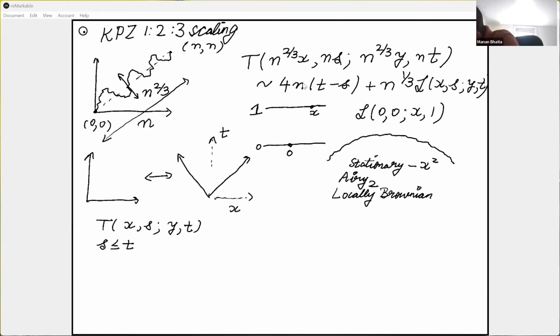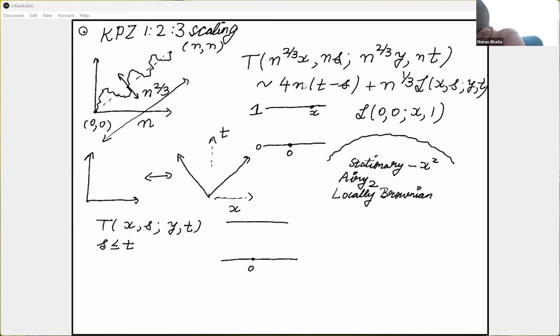So this distance profile, as you go from 0 to x, looks locally Brownian. It's an Airy-2 process. And actually, there is even more integrability. Instead of looking at the best path, the passage time from 0 to x comma 1, we can do something more.